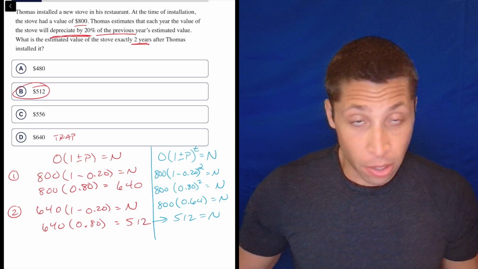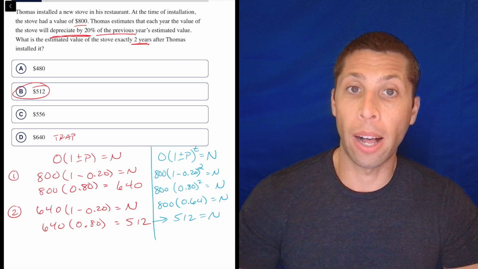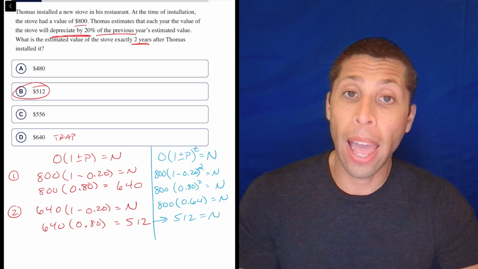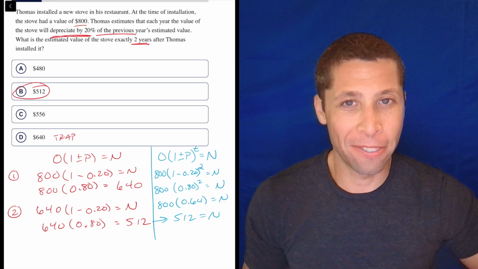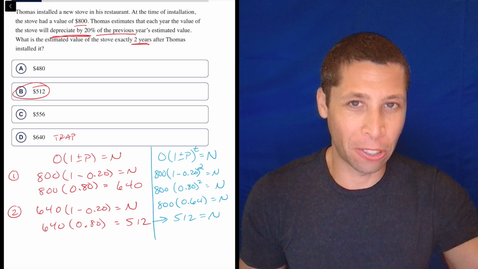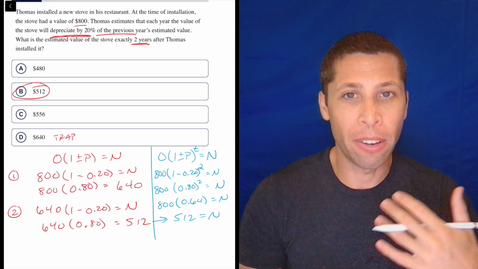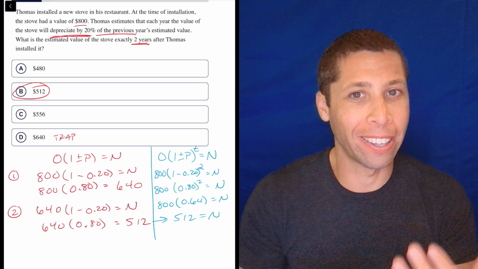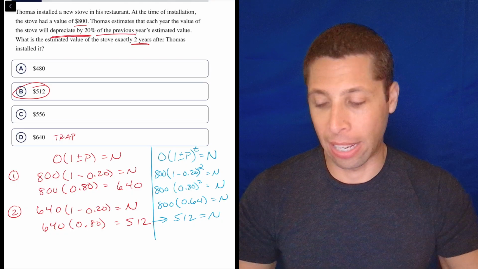512. So that works. And you should know how to do that because a lot of questions on the SAT will involve an exponential. If that exponent is high enough, it starts to be much more efficient to just use the exponential equation than to take a percentage 3, 4, 5, 6 times. It gets to be tedious otherwise. So the exponent is just condensing things.